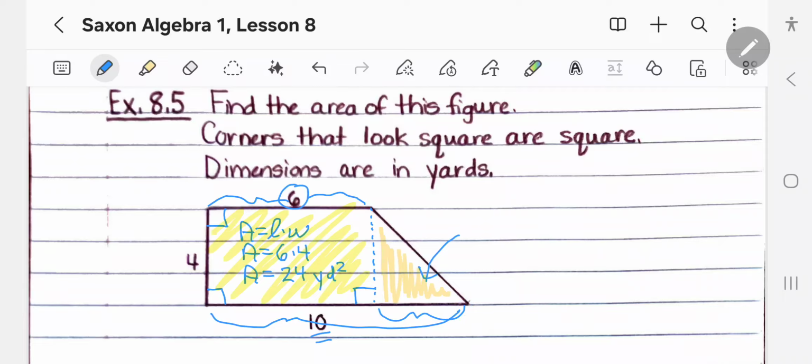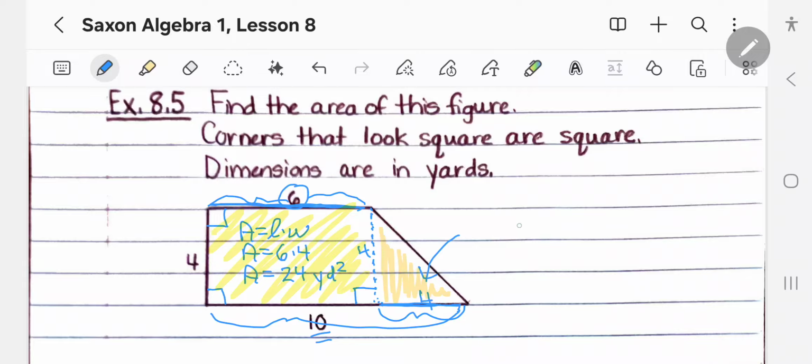If the whole thing is 10 and this piece here is 6, can you figure out what this piece is? When you add it to 6, you should get 10. So it is 4. We also need this perpendicular height here, which should be the same as that side opposite of it, right? So that means this is going to be 4.